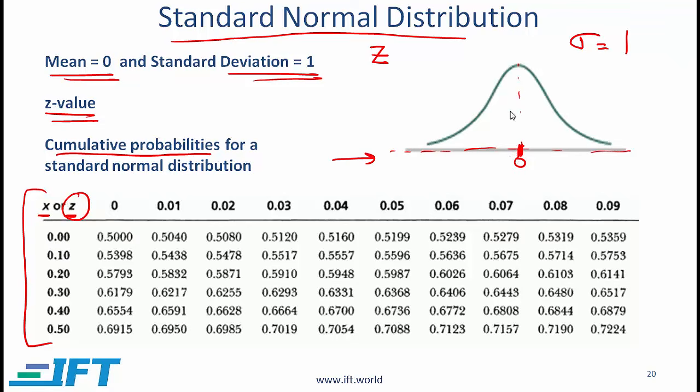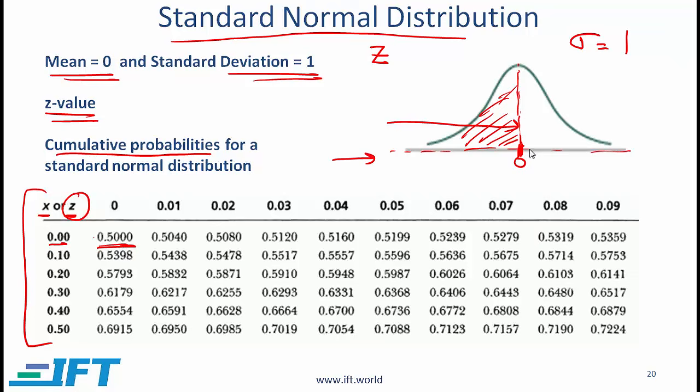And notice that the cumulative distribution for a z value of 0 is 0.5. And this should make sense. Given that the distribution is symmetric, that means that half the data will be to the left of the mean. So the cumulative probability for a z value of 0 must be half of 1, which is 0.5.